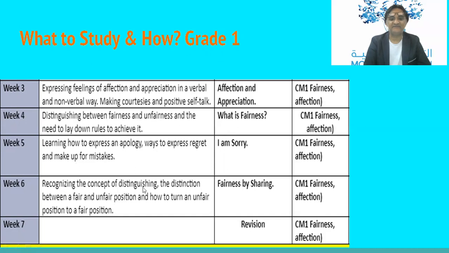Recognizing the distinction between a fair and unfair position and how to turn an unfair position around. So from grade 1, you have to read these concepts and skills, and you can get them from the subdomain fairness and affection. Clear? I'll suggest what to study and how to study. Let's move to grade 2.